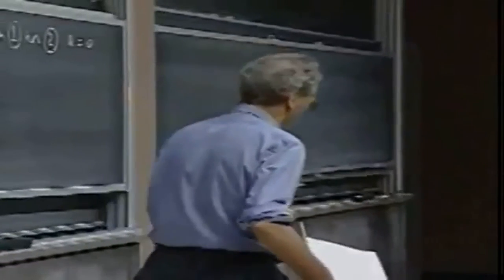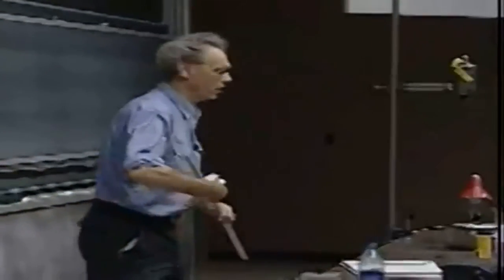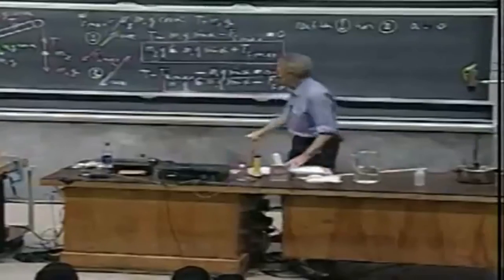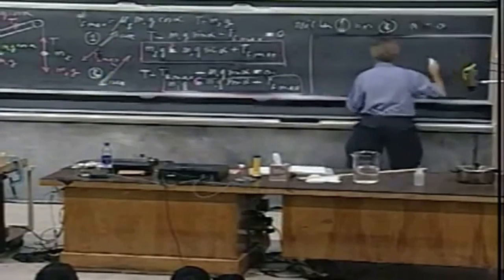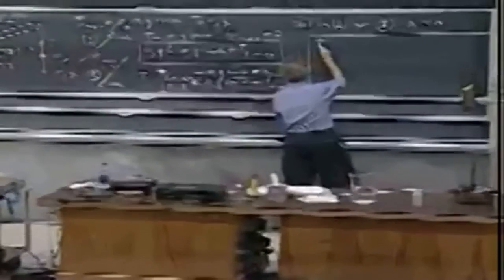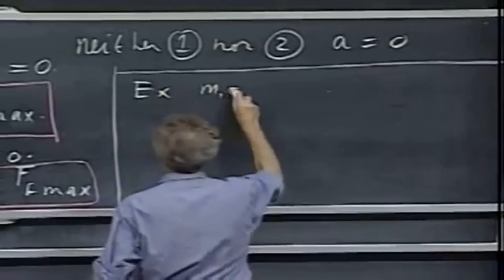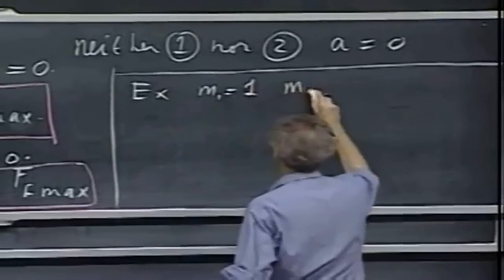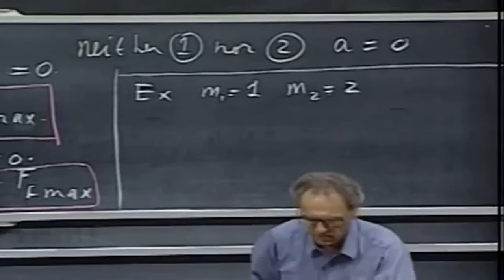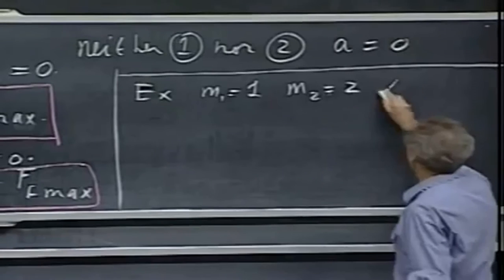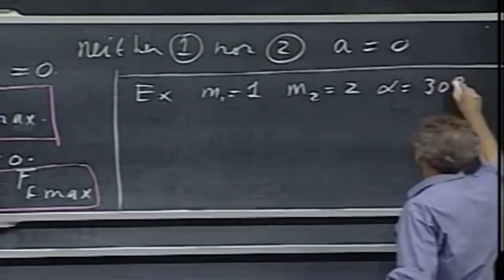Let us take a very simple example so that you see this at work. So we have an example here, and in my example I have m1 equals 1 kilogram, m2 equals 2 kilograms. Can't make the numbers much simpler. I take alpha equals 30 degrees.